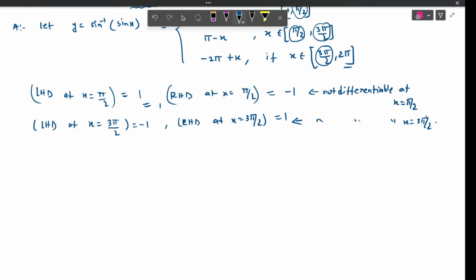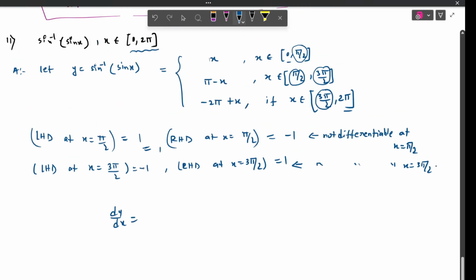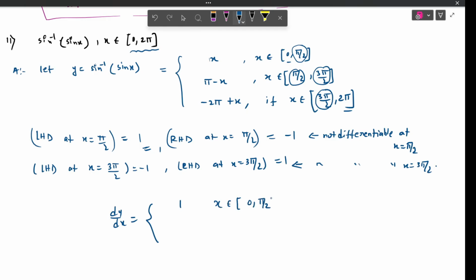Okay. So if we find out dy by dx from this function, then the differentiation of x is 1 if x belongs to 0 to pi by 2, and we have to give an open interval here because at pi by 2 it is not differentiable, right?